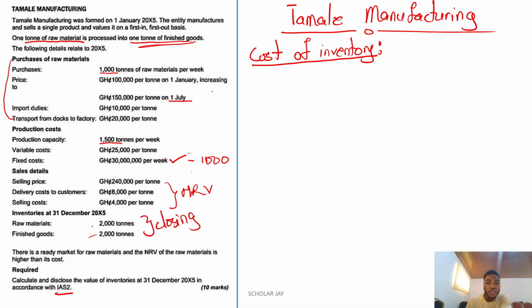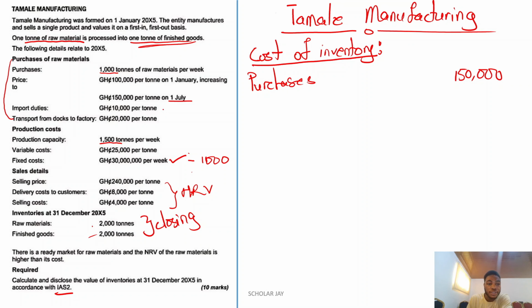So the purchases, we talked about purchases. That is 1,000 tons of raw materials per week. They are saying that price moved from 100,000 to 150,000. So for the purchases, I'm going to take the 150,000, because it moved from 100,000 to 150,000, and they didn't tell us when we bought those goods. So to be on the safer side, we go with 150,000.